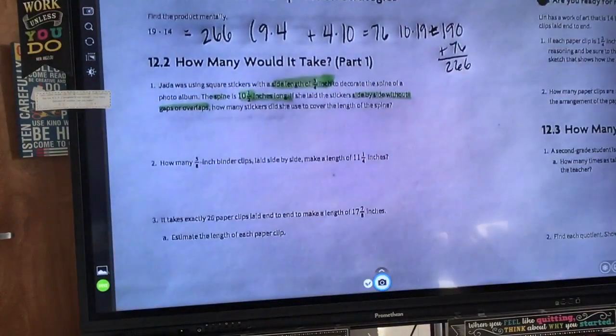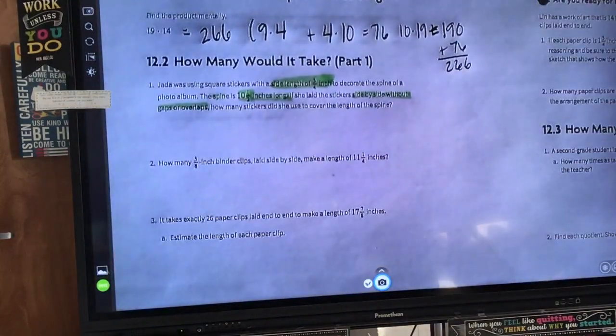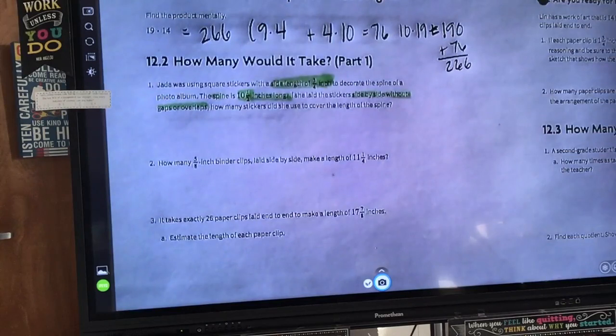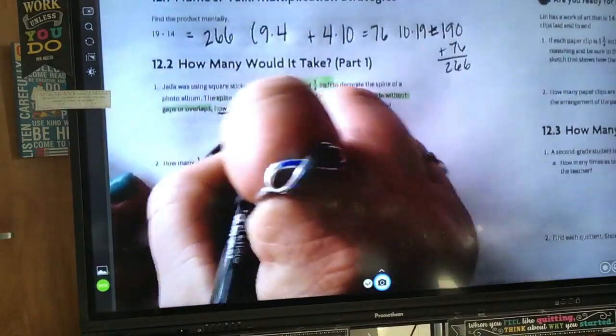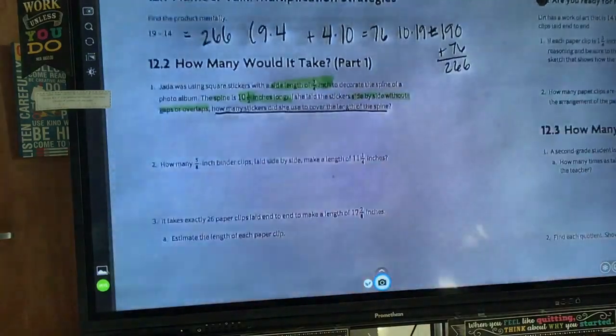Why is it important to know that she's laying them side by side and there's no gaps in between them and there's no overlapping? Ronnie? Because if you overlap them, like 1 and 2, you'll need more stickers than you're planning for. Okay, and then the rest of that sentence is, how many stickers did she use to cover the length of her spine?